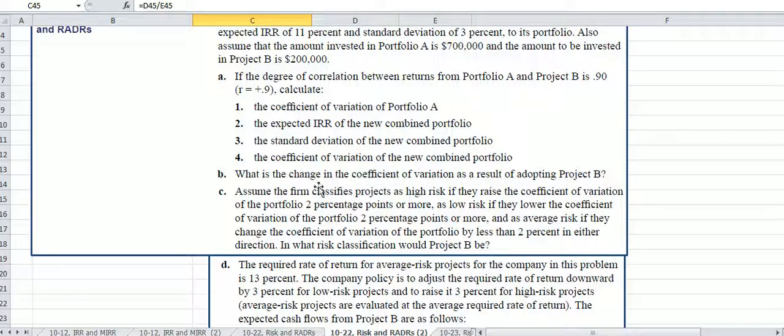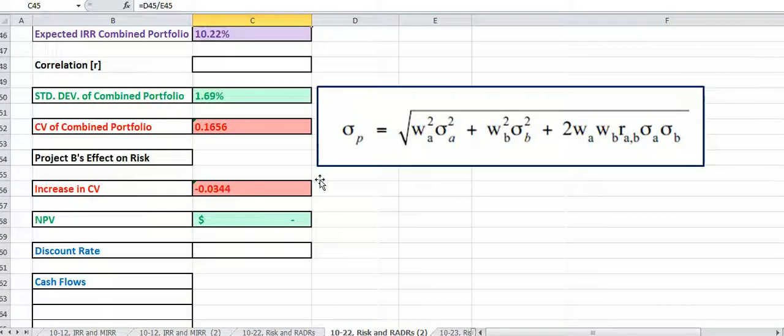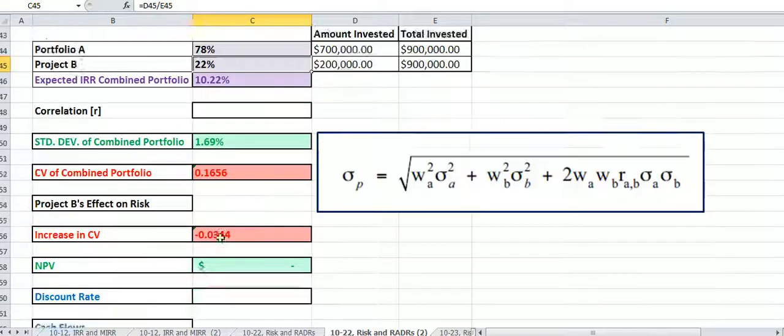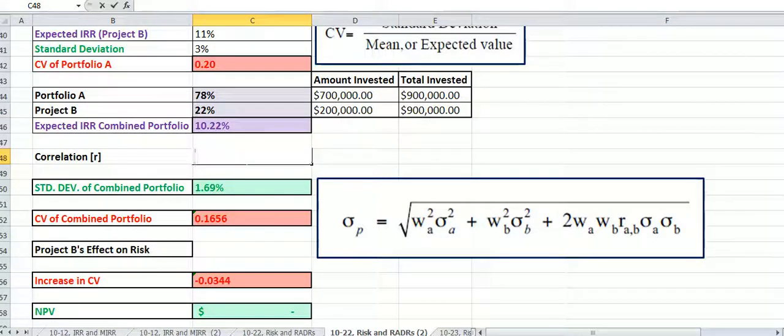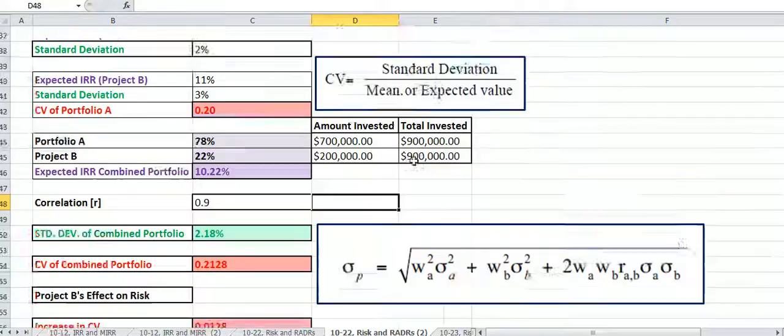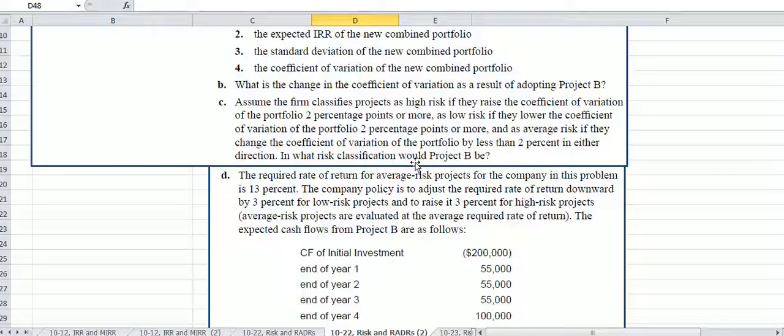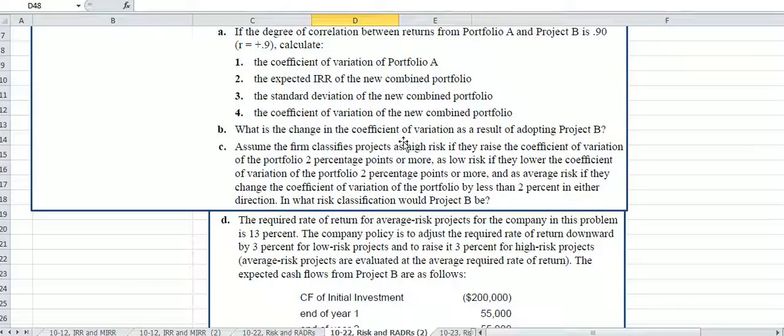If we continue, we see that the degree of correlation between the returns A and B is 0.9, so we put that in right here. Then we need to calculate 1, 2, 3, and 4, which we have.